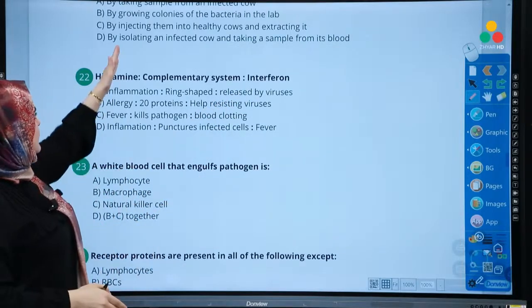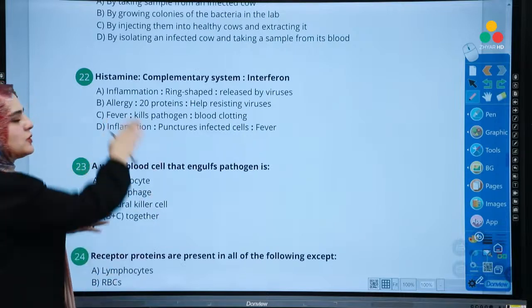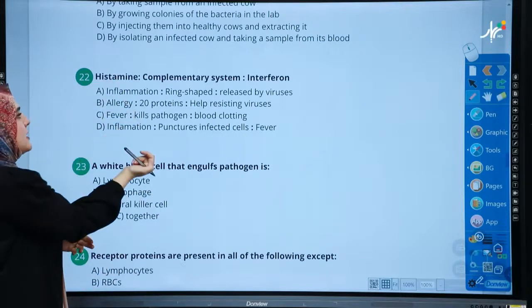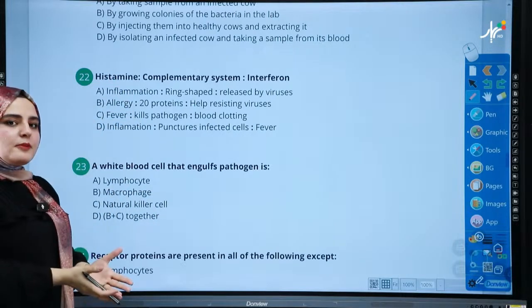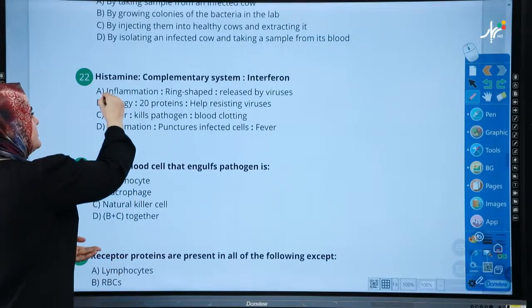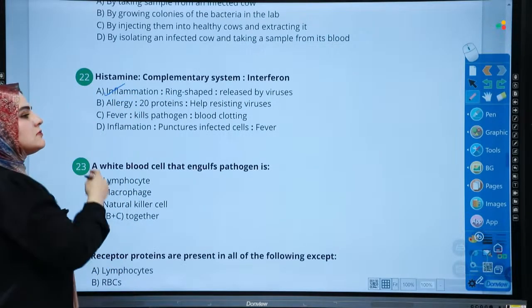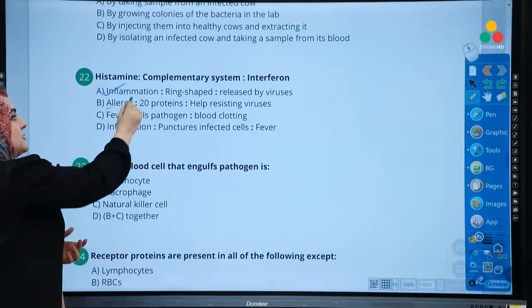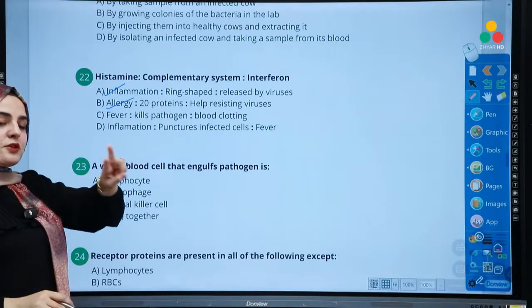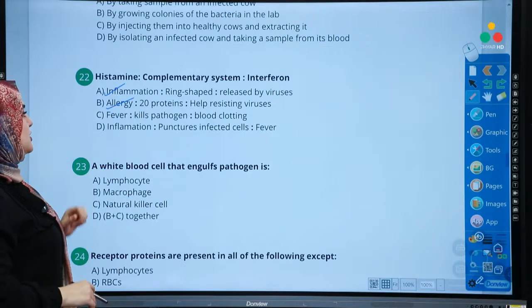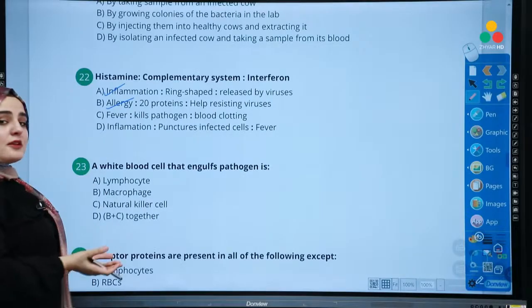We could start from this line and see which of these is correct regarding histamine. Is histamine part of inflammation? Absolutely right. So this one is right. Is it part of the allergic reaction? Yes. Histamine is part of the allergic reaction, so it is used in these two types of reaction. Is it causing fever?